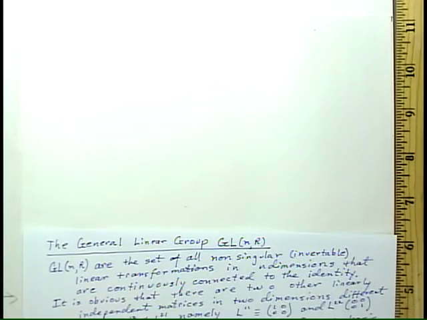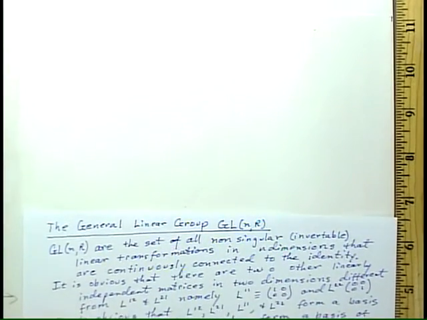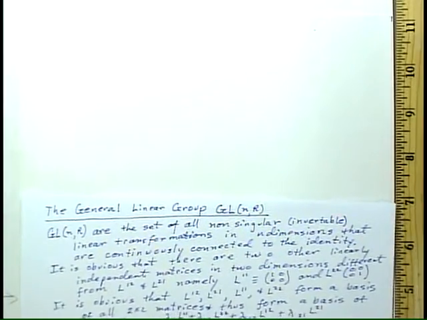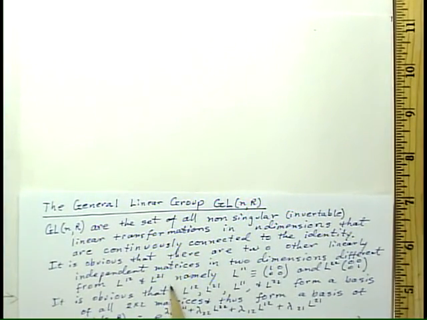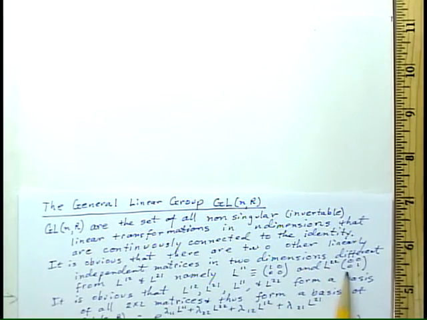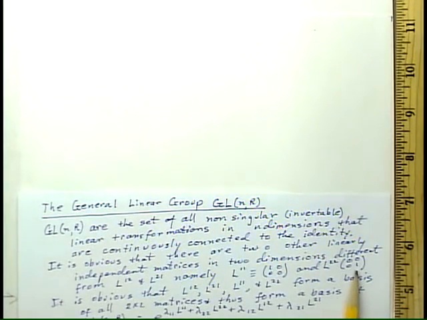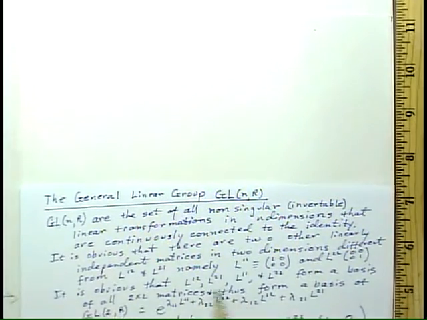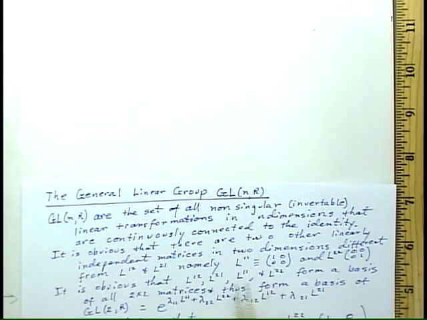It's obvious that there are 2 other linearly independent matrices in 2 dimensions different from the ones we've just discussed, L12 and L21. Namely, if we look at an object that I call L11, which is equal to 1, 0, 0, 0, and another object L22, and these are named because they have a plus 1 in that particular location, as 0, 0, 0, 1, then these two transformations, L11 and L22, along with L12 and L21, obviously form a basis of all the 2 by 2 matrices.